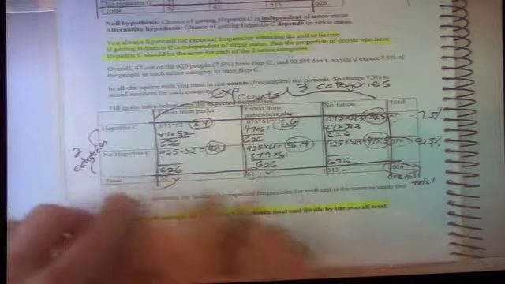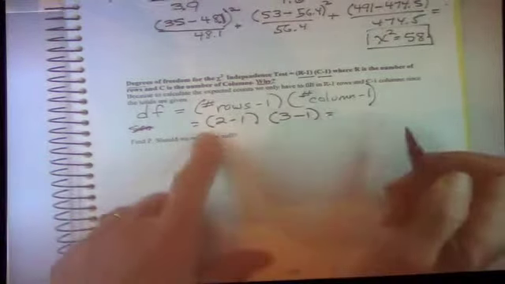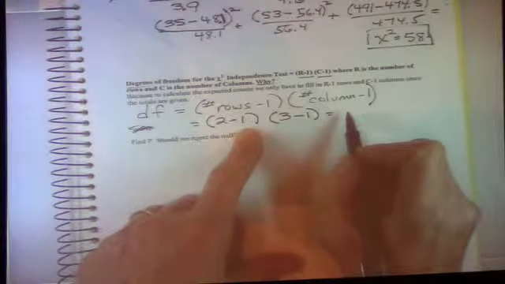If I say the number of rows and the number of columns, which everybody says, people get confused sometimes because they start adding in the totals. No, it's really your number of categories in here minus 1 times your number of categories here minus 1. So let's do that first. So it's 2 minus 1 times 3 minus 1, which is only what? 1 times 2.